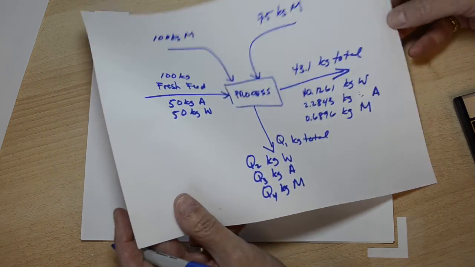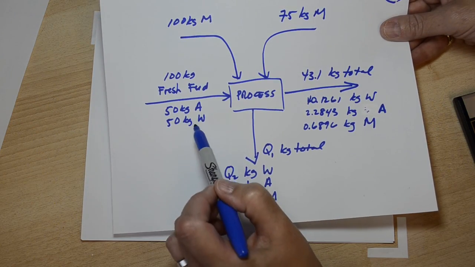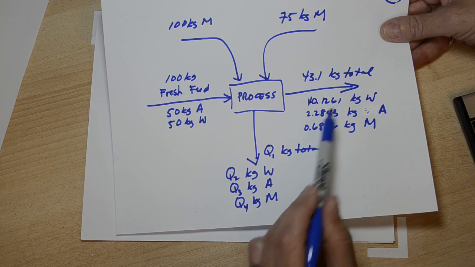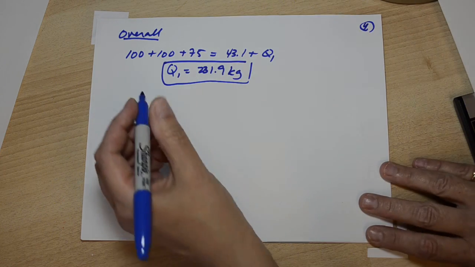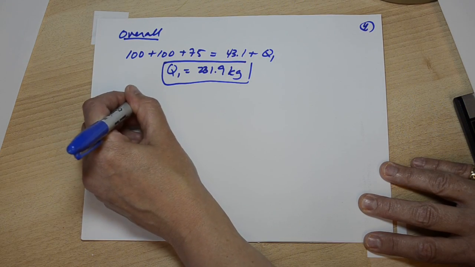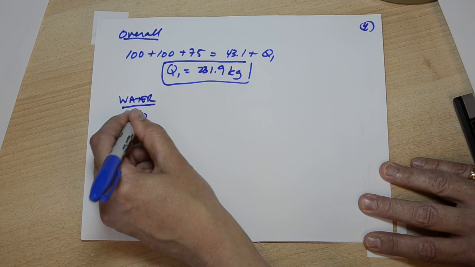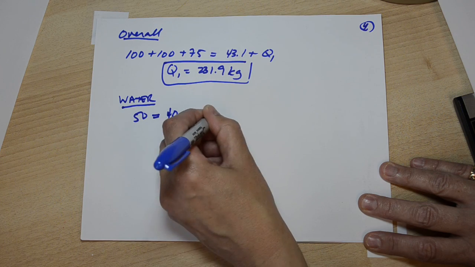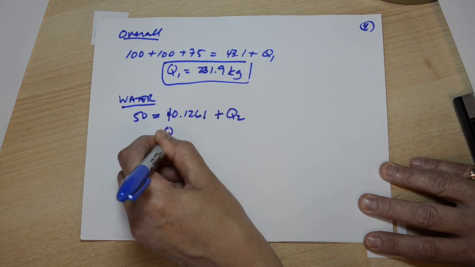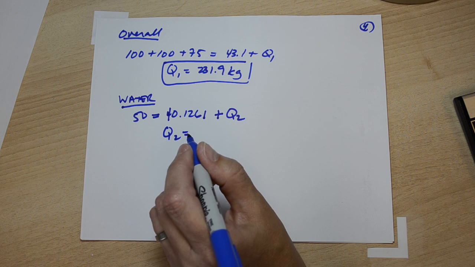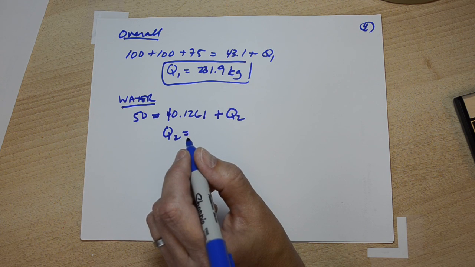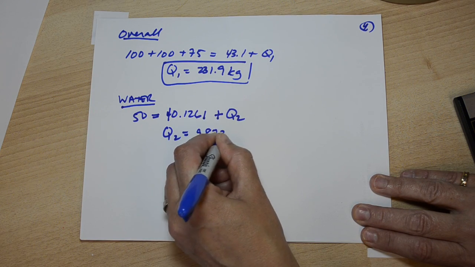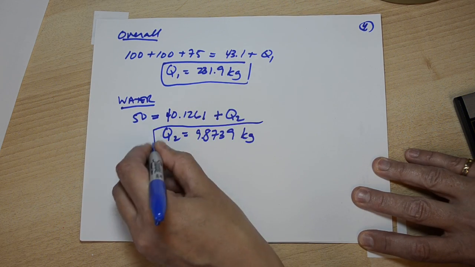We're going to do the balance on water. 50 kilograms comes in, 40.1261 come out here, and Q2 comes out there. So water balance: 50 kilograms come in, 40.1261 come out, Q2 comes out. Q2 is 9.8739.